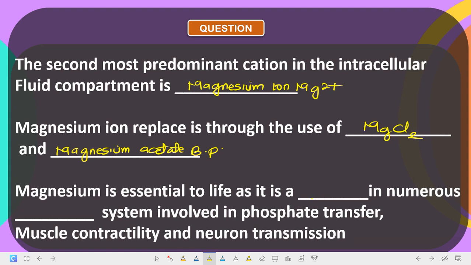The correct answer is: magnesium is essential to life as it is a cofactor in numerous enzyme systems. When you say cofactor, your mind should go to enzymes. Magnesium is a cofactor in numerous enzyme systems involved in phosphate transfer, muscle contractility, and neuron transmission.